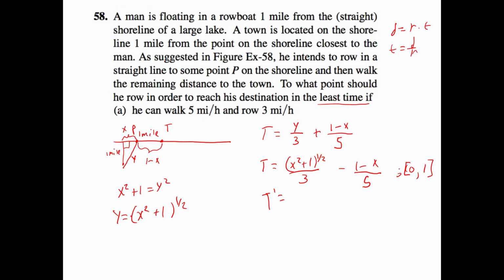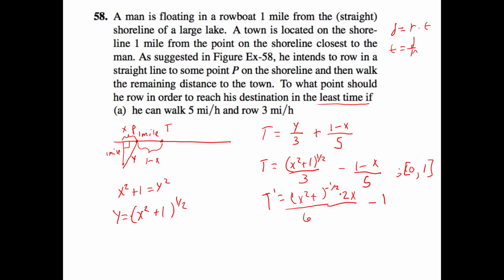So we have a composition, bring down the exponent, make the denominator 6. Take 1 away from the exponent. Negative 1/2 times the derivative of the inside, 2x. Minus, this is just a constant, and the derivative of this is 1. So we get 1.